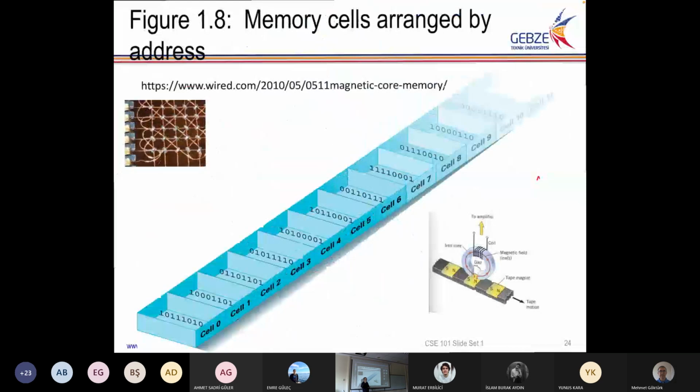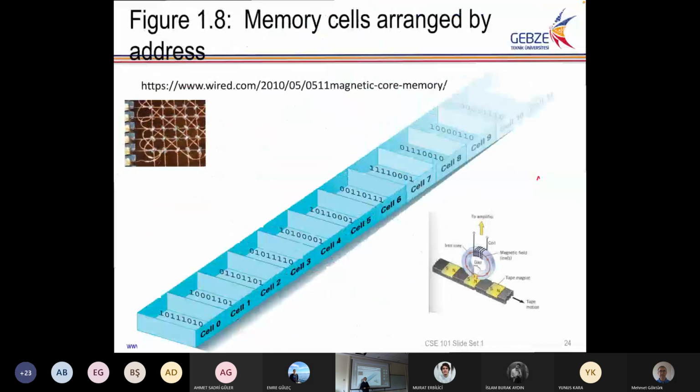It's a ferrite core, a magnetic core. You can magnetize it or demagnetize it. If it is magnetized, you can read it with another wire to check which way it is magnetized, or you can reversely magnetize it.